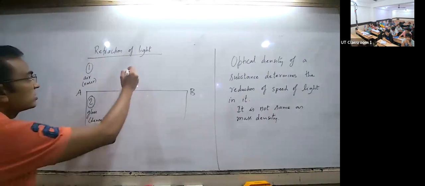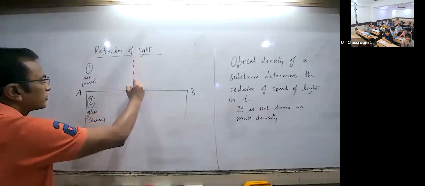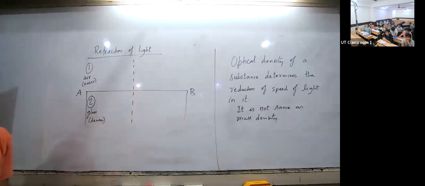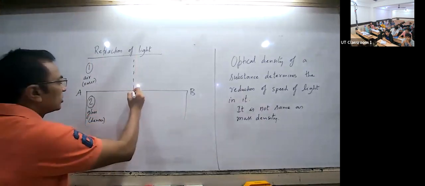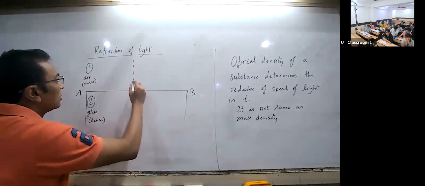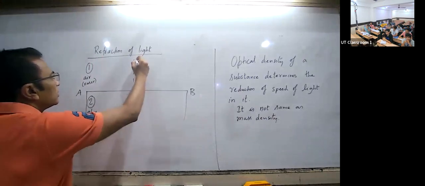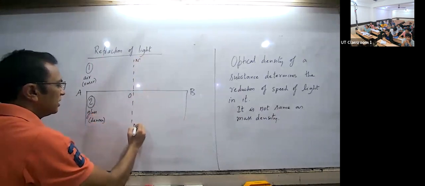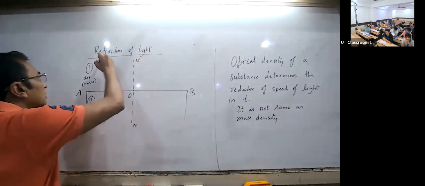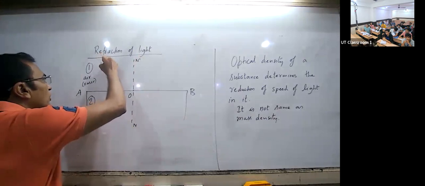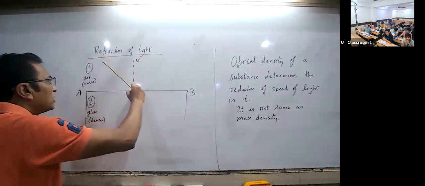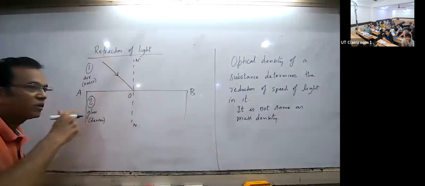The third thing you will do is draw the normal. Let's call it NN'. This is O. If a light falls at point O, what kind of light is this?